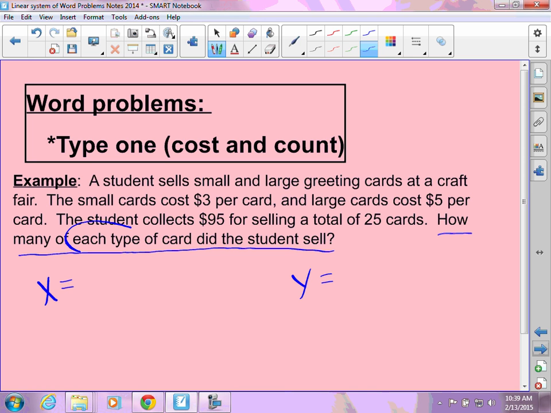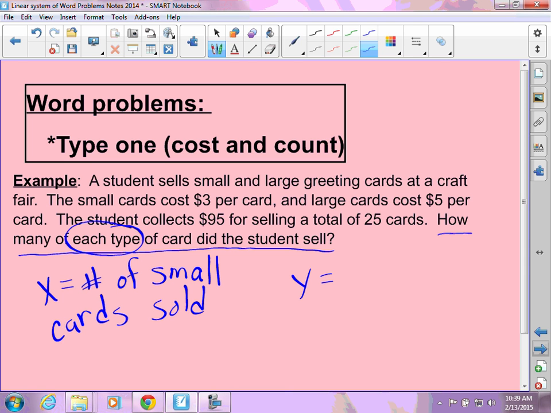So X would be the number of small cards sold, and Y would be the number of large cards sold. So you've got to read the problem and find out what they want.